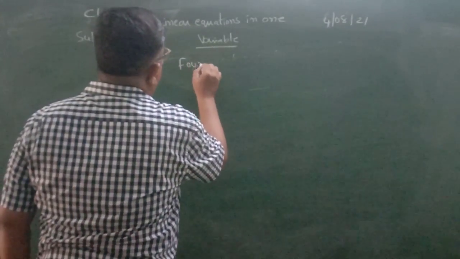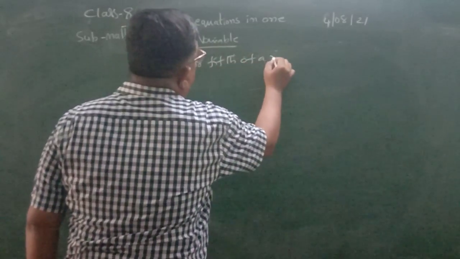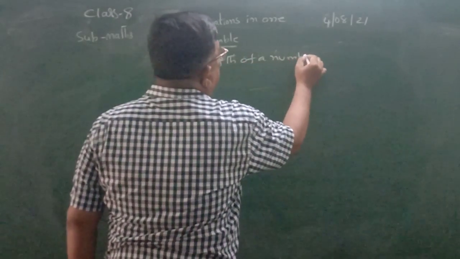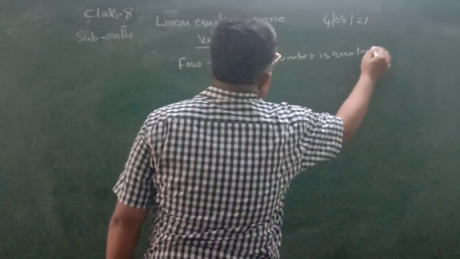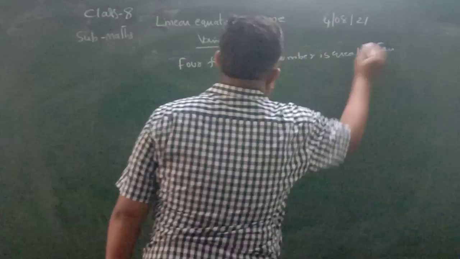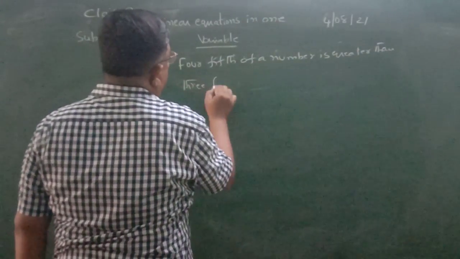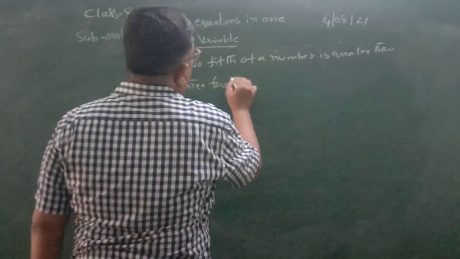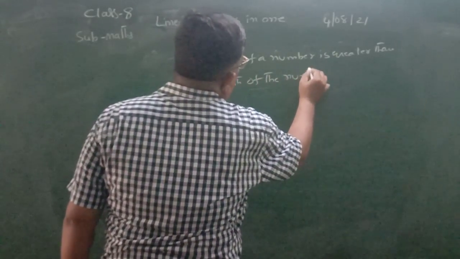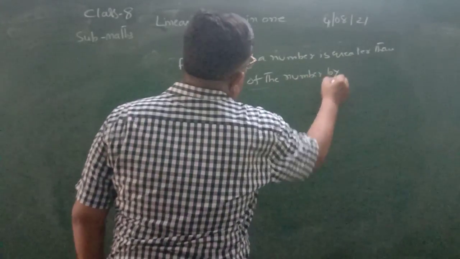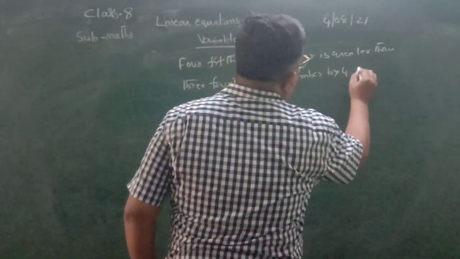Four-fifth of a number is greater than 3/4 of the number by 4. Find the number.